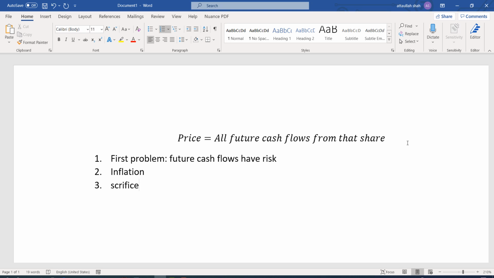In other words, if there is no risk present, meaning that some government has promised you that it will pay the cash flows in future, and it also says that there will be no inflation at all, still, if you are giving your money to that government, then you must wait, let's say 1 year or 2 years or 3 years, in order to get your money back.